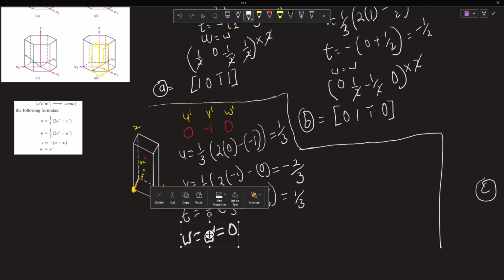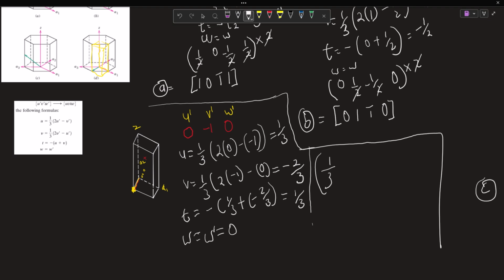We say 1/3 open the large bracket -2/3, 1/3 and 0, close the bracket, multiply all through by 3. 3 cancels. So we have our D to be equal to 1/2, 1 and 0.